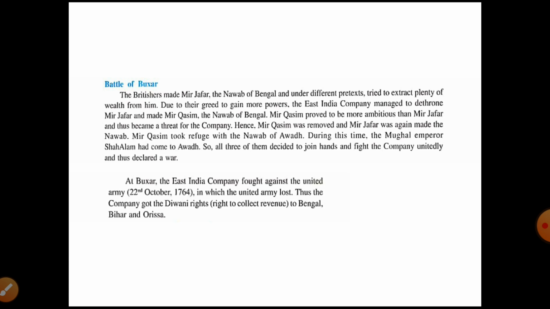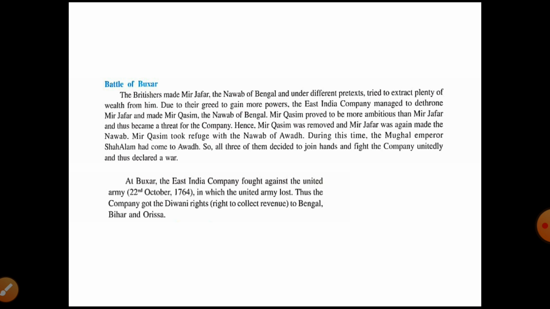So the Britishers removed Mir Jafar and made Mir Qasim the Nawab of Bengal. Mir Qasim proved to be more ambitious than Mir Jafar and thus became a threat for the company.